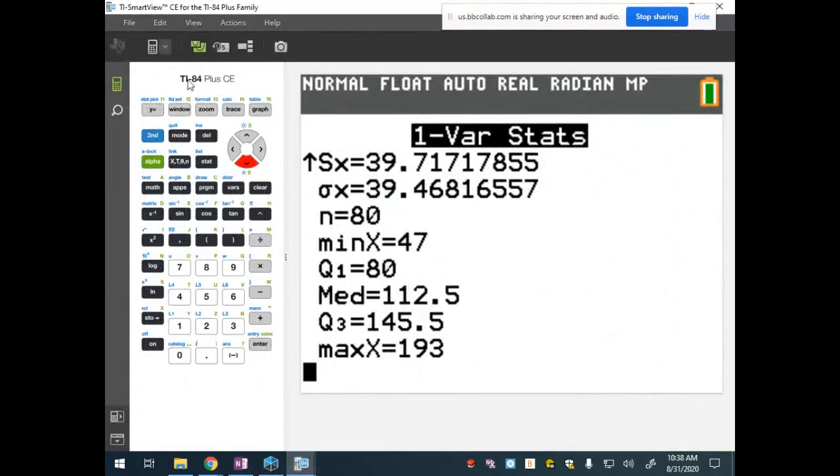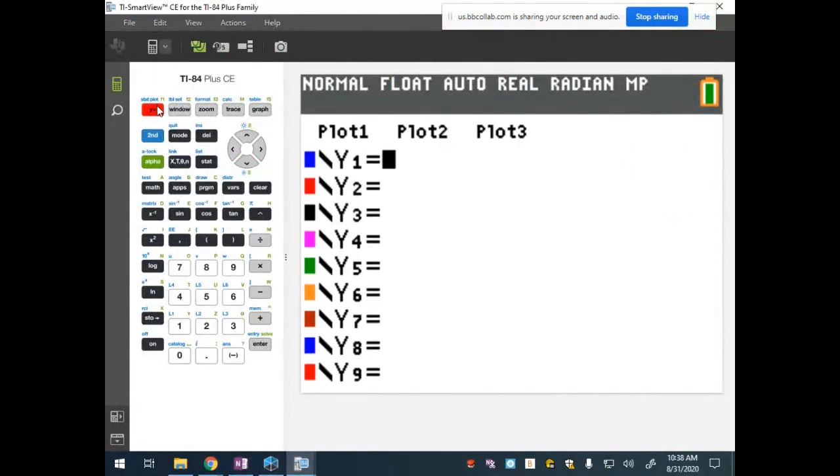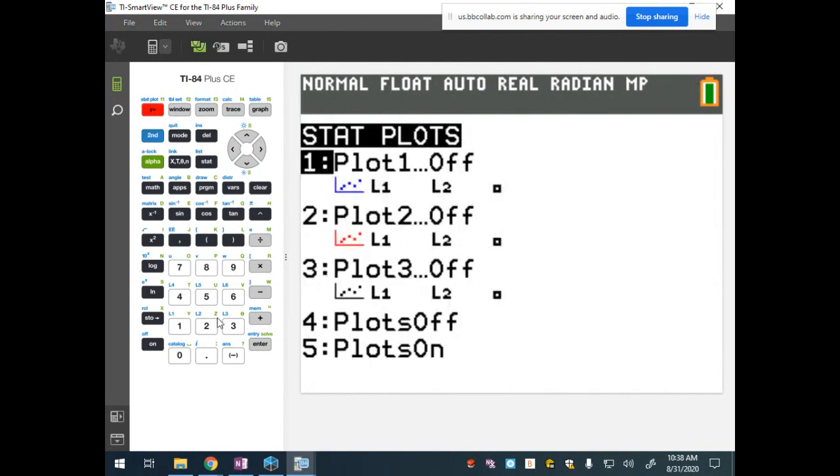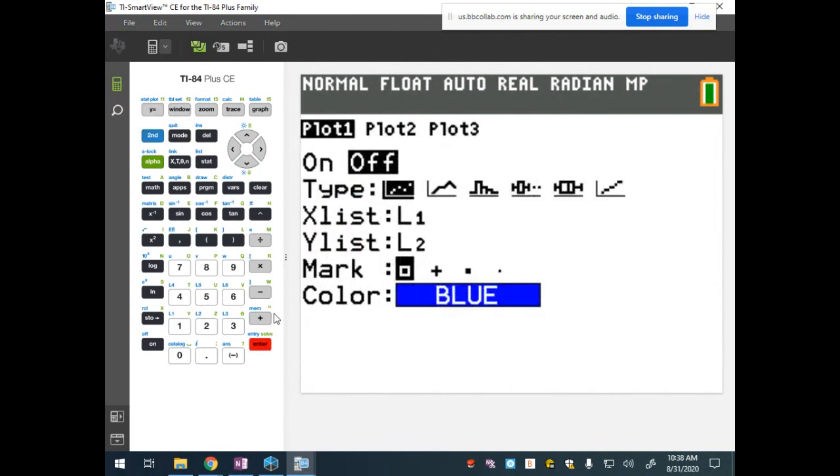I've entered this data into L1. So first thing I'm going to do is go to y equals, make sure I have nothing there. And I don't. Then I'm going to go to second and stat plot. And first thing I'm going to do is turn it on.